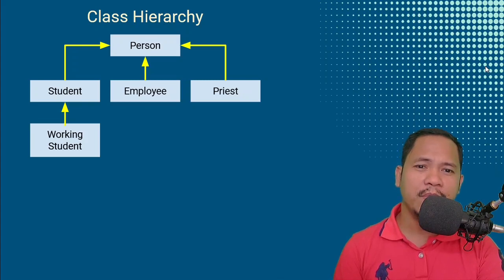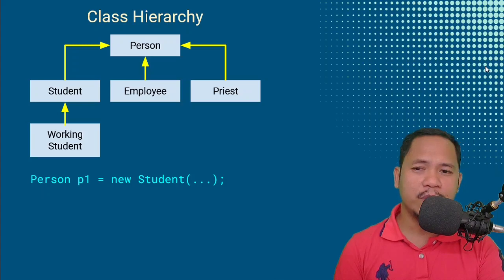In this example, we can demonstrate polymorphism by assigning an object of the type person with an instance of any of its subclasses. For example, person P1 is equal to new student. This is a valid statement. Here, we created an object of type person called P1, but we assigned it to a new instance of the object student.